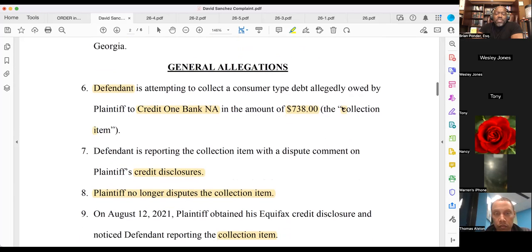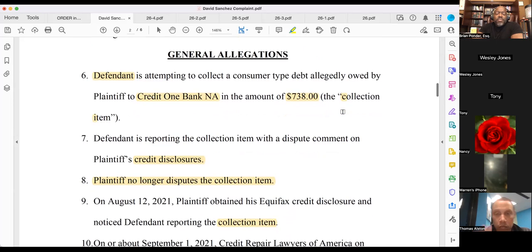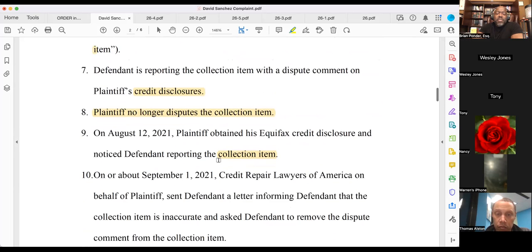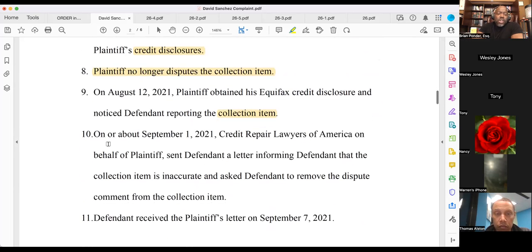Usually when you define terms like this, you would capitalize the abbreviated thing. So the collection item is right there. So it'd be nice if they would capitalize that.